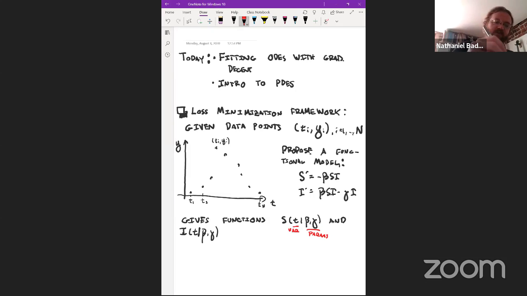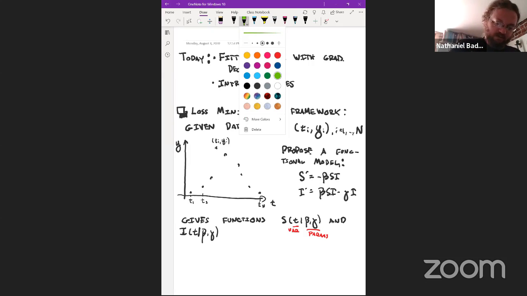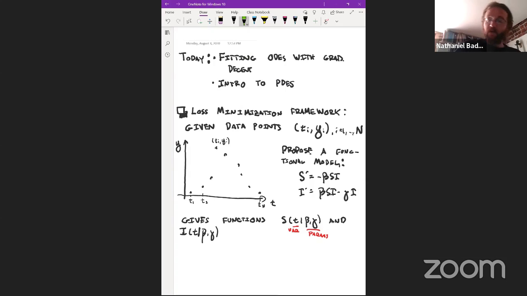Okay, so this gives us some nice model. This model, of course, depends on the parameters beta and gamma. And we want to evaluate how good of a job we did.